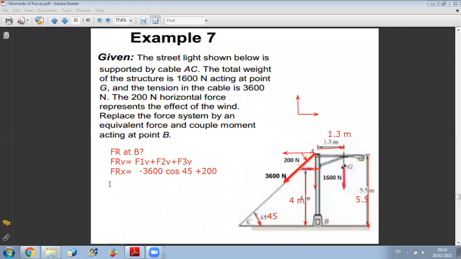Now, for FRY, first, I project the cable force, so it's minus 3,600 sine 45. For the wind action, it's horizontal, no component along Y. And for the weight, it's vertical downward, so it's minus 1,600.